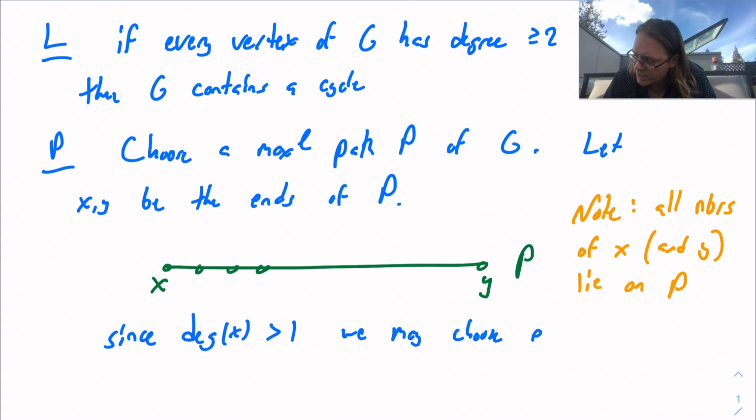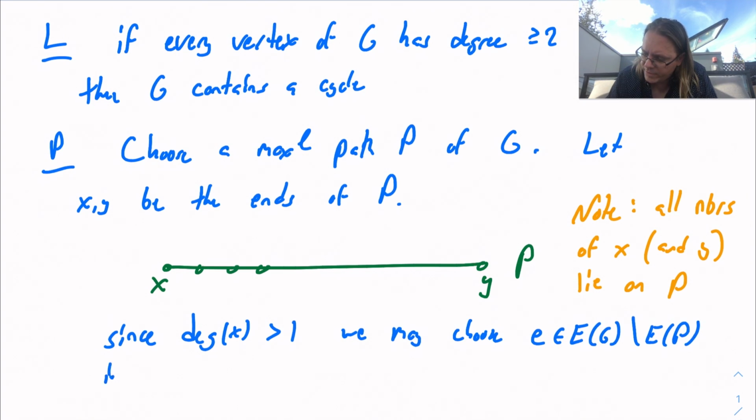I can choose an edge e. This is an edge of G, but not an edge of P, incident to x. Now the graph that you get by taking our path P plus this new edge e, that subgraph is going to contain a cycle.